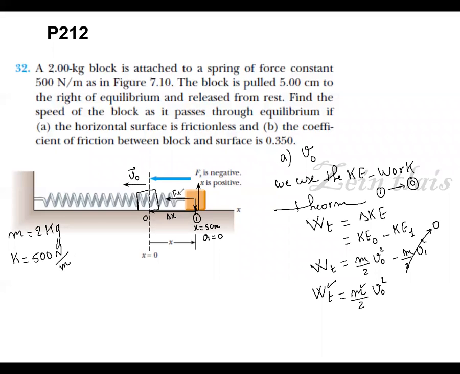So the total work applied equals the work applied by Fs plus mg plus n. We don't have mu.